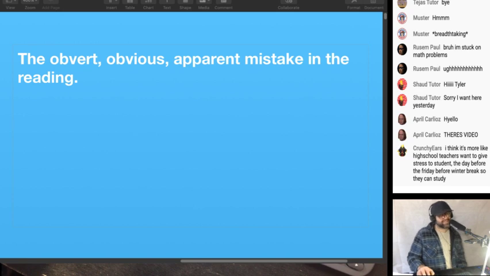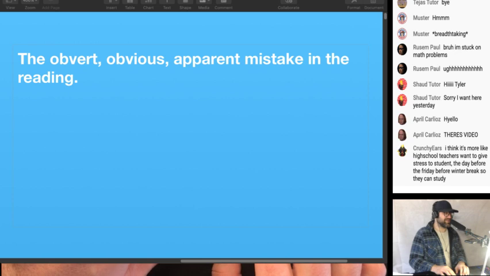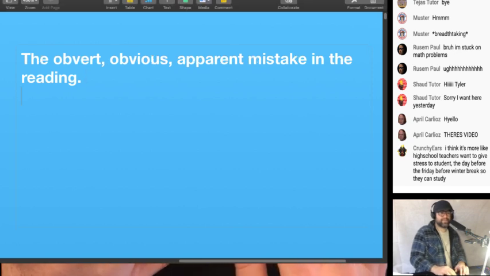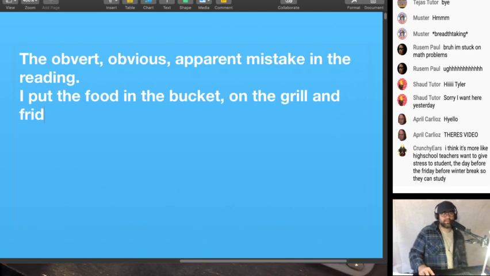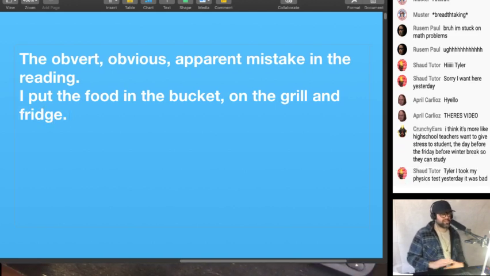The second one is parallelism, very similar to the parallelism of the verb. Okay, so this is an example of bad parallelism in just a regular sentence, right?